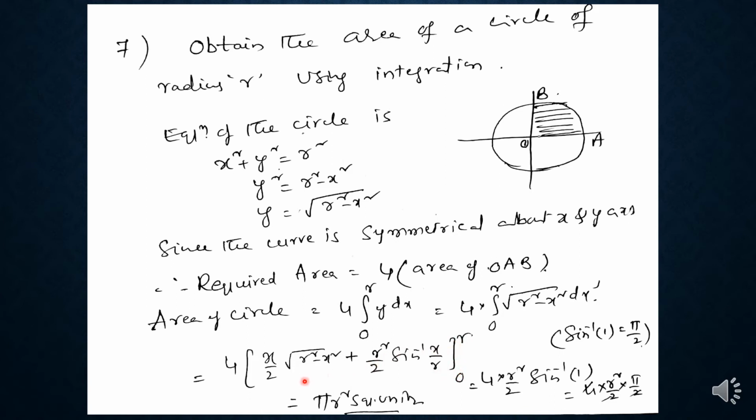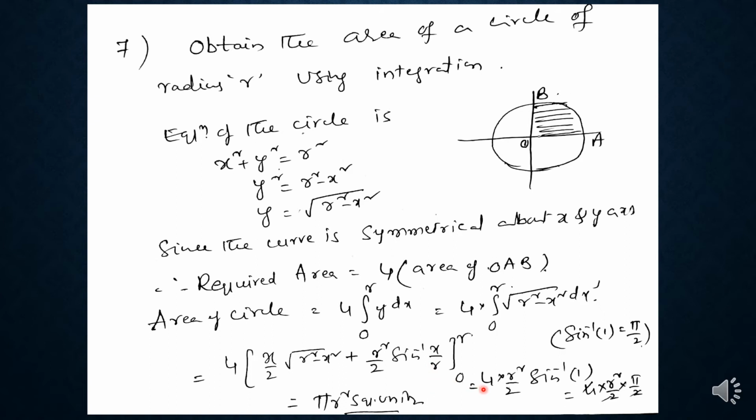If we put x is equal to r, the upper limit, this becomes r by 2 into root of r square minus r square, which is 0, plus r square by 2 into sine inverse r by r, that is sine inverse 1. So that is 4 into 0 plus r square by 2 sine inverse 1.